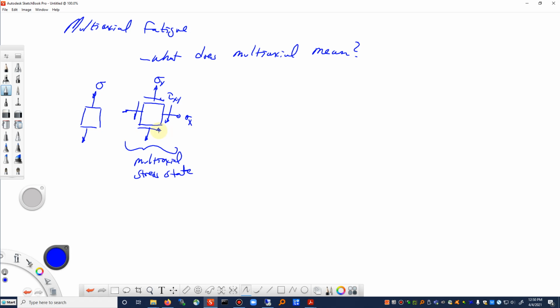An issue with fatigue is that these are now time histories, and they may all be different histories in time. They don't have to be in phase, they don't have to increase and decrease at the same time. And so we can get some very interesting material and cracking behaviors due to this more complicated state of stress.